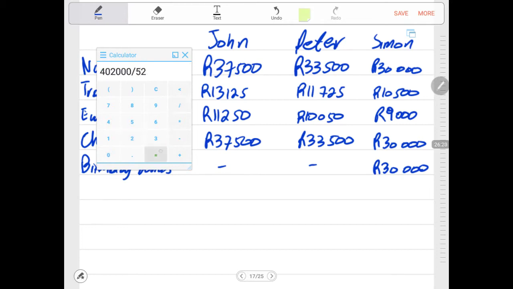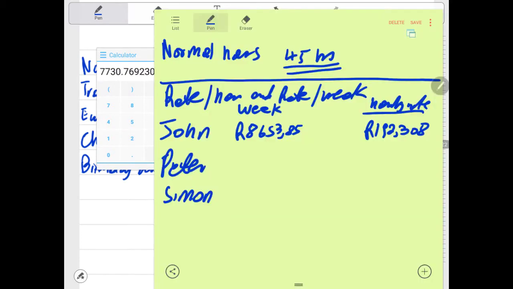Divide by 52. This gives us the salary per week, because there are 52 weeks in a year. 7,730.769.